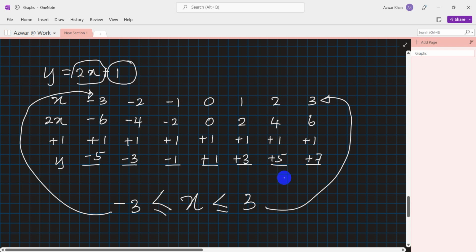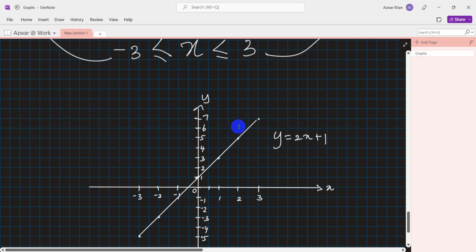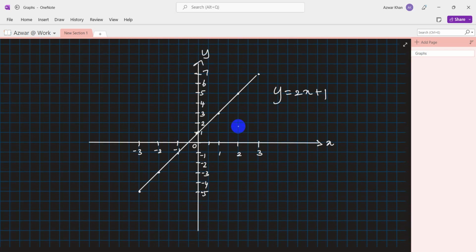Then substitute the x values. So 2x means 2 multiplied by minus 3, so that is minus 6. Write that value. Then this is a constant, a fixed value, so you can simplify both, and you will derive the value of y. Accordingly, for each point you can get the y values, and then you set the scale properly for the x values and y values.